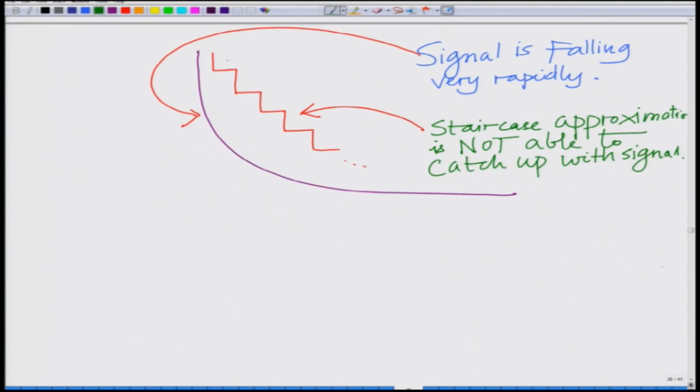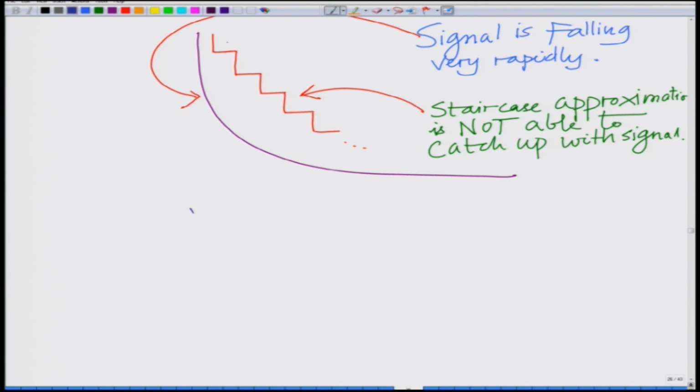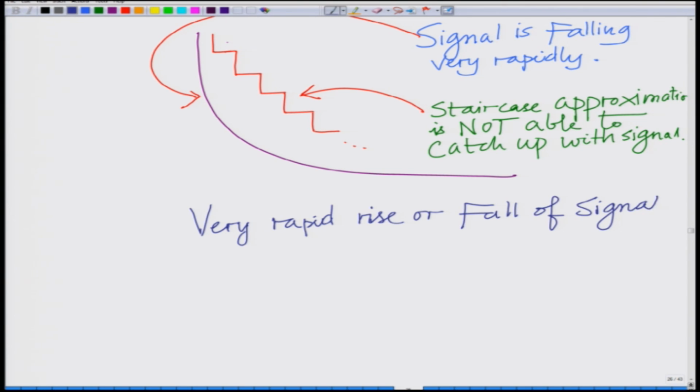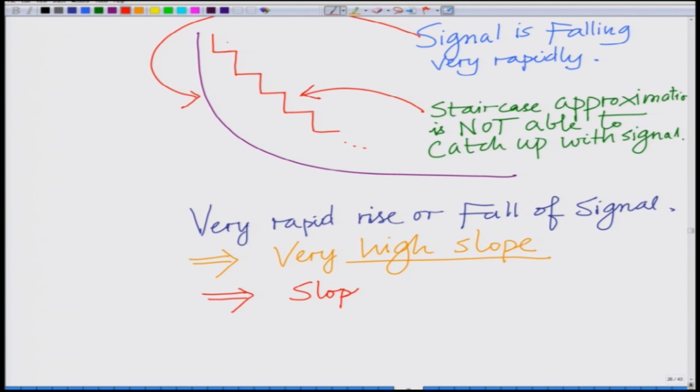So, a very rapid rise or fall of the signal implies a very high slope that overloads the delta modulator.